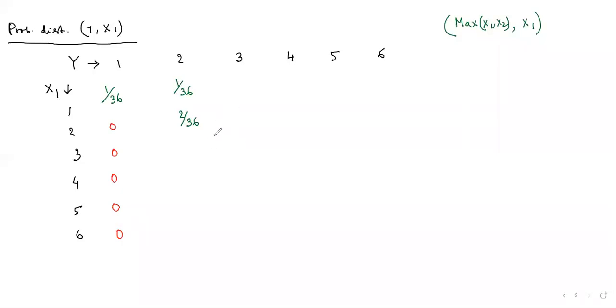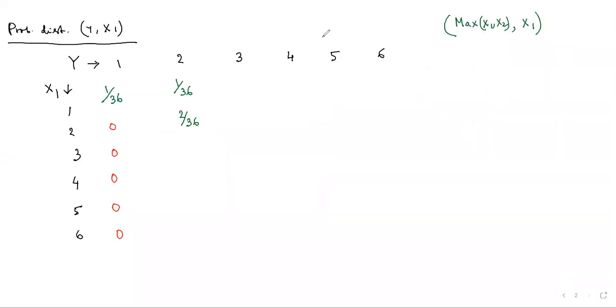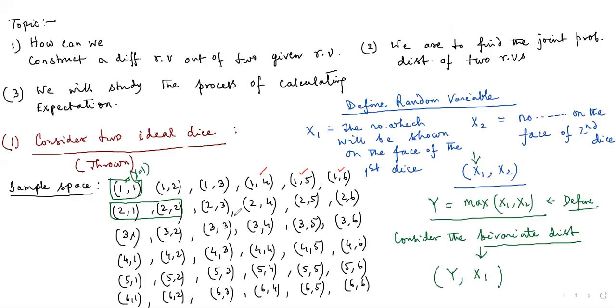Okay. Now, if I look at the chart, then similarly we can find the other points also. That is, when the maximum is 3, but the first argument of x1 is 1, this probability is 1 by 36. For this case, it is 1 by 36. For this case, it is 1 by 36. So similarly, we are going to get 1 by 36 for the first row.